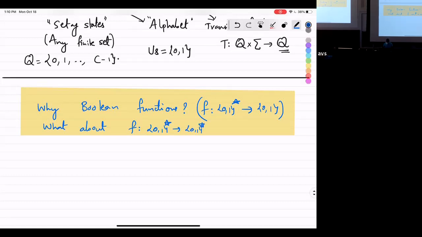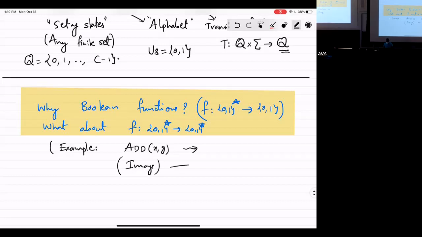In reality, in many cases, we're not just interested in computing a single bit. When I ask you to add two numbers, the output is multiple bits. You think of image classification: I have an image which I can encode as a binary string, but the output could be one of cat, dog, alpaca, whatever.